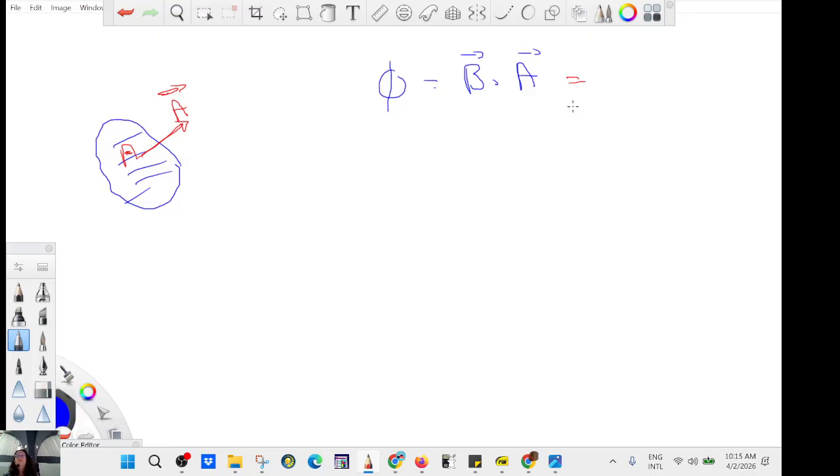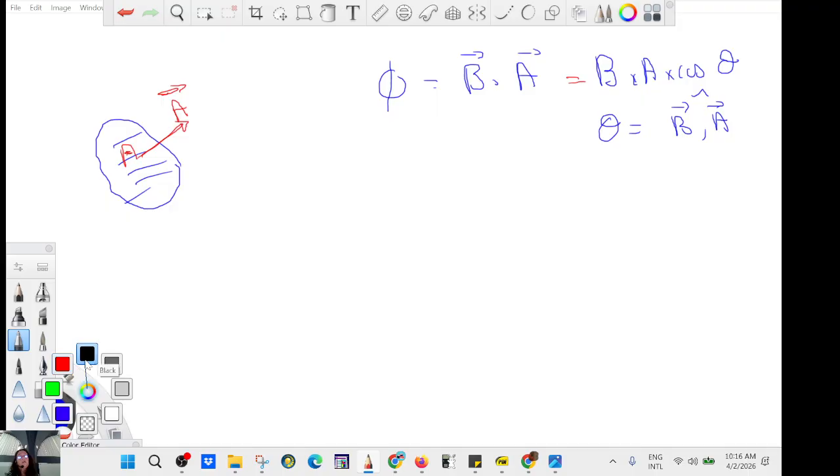So the magnetic flux is the magnetic field times the area times the cosine theta, and theta is the angle between B and A. So I have another slide, but if the magnetic field is going this way, that's going to be your angle theta.